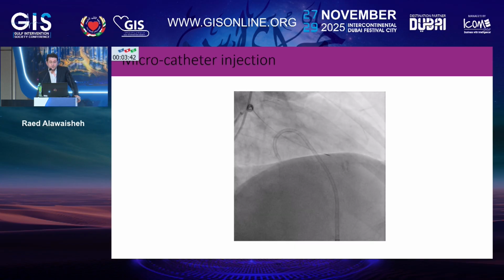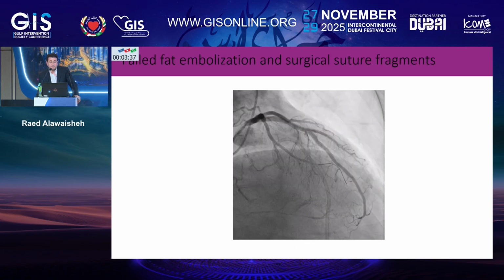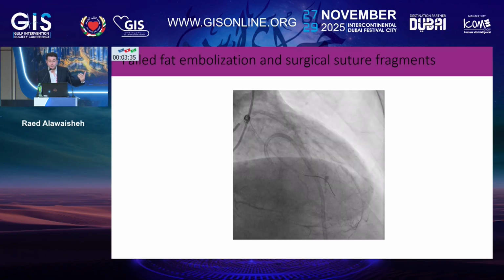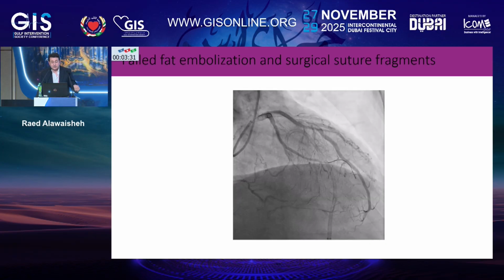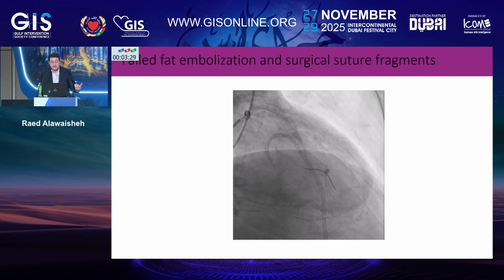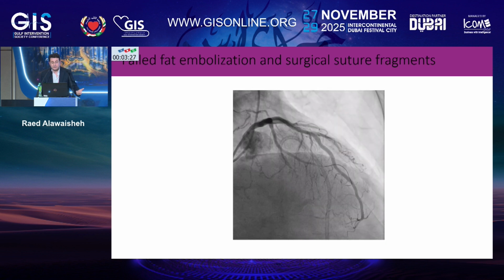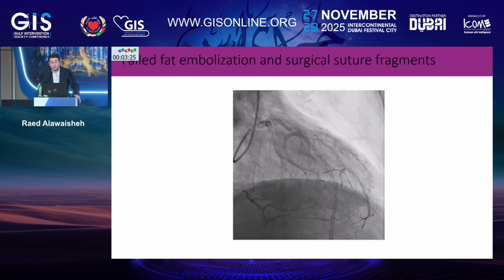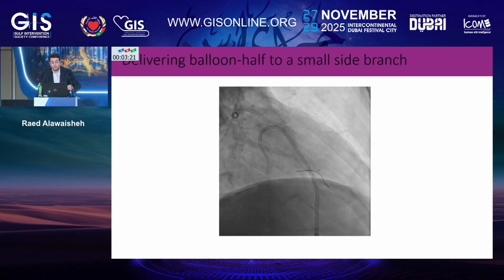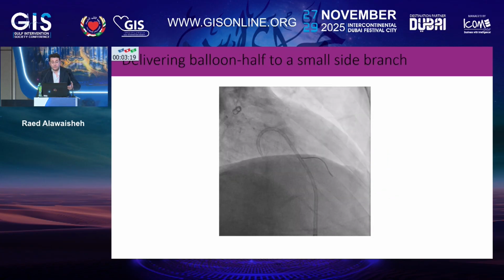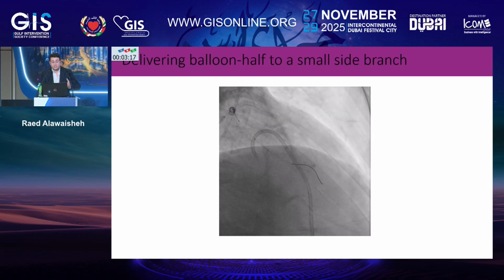There is no clear perf there, and the stain is there. So I went with the usual ways of embolizing it, either with fat embolus, clotted blood, even sutures. Every time, the stain is there, it doesn't go. Even after all of these, it was difficult to close the small branches there.